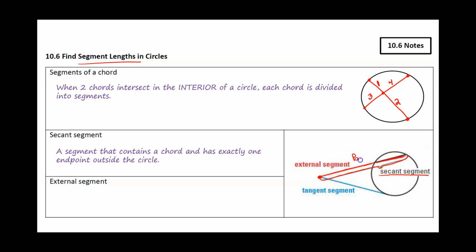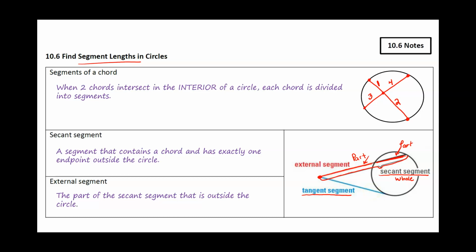The external secant segment is a part, and the chord is a part, but the secant segment is a whole. The external segment is always going to be outside, but it's a part. Now the tangent segment here is in blue. Notice it's outside and there's just one piece. We're going to talk about that in just a second.